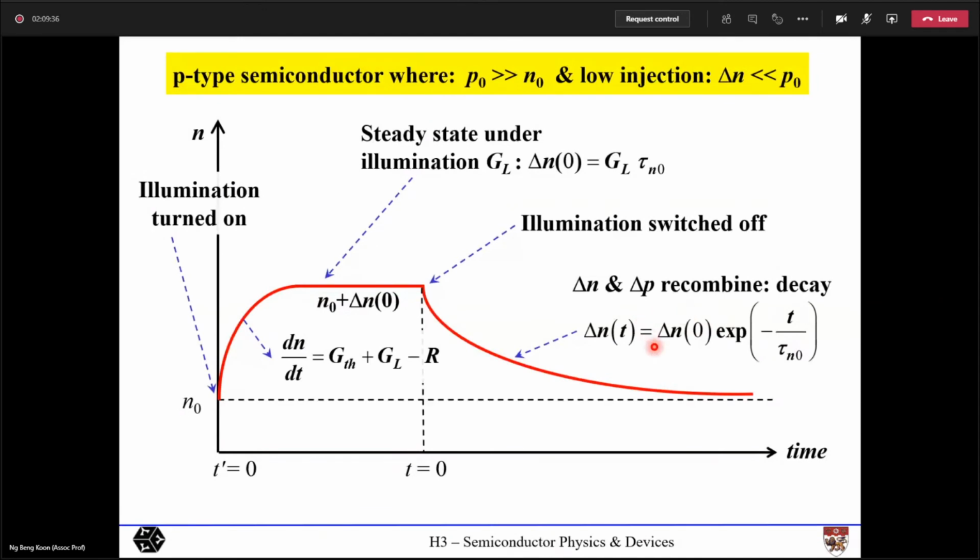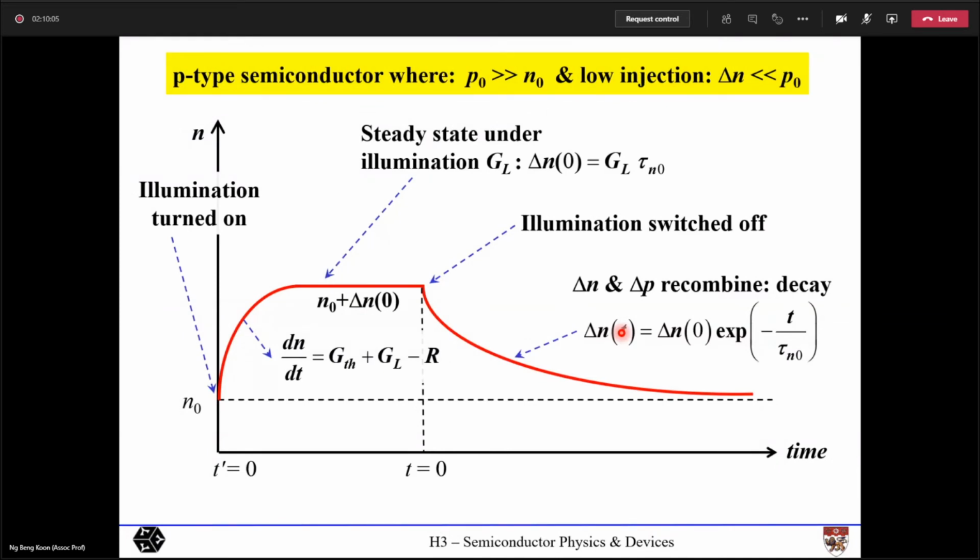It depends also on the magnitude of delta n. If delta n is, for example, 10 to the power of 12, and this exponential term goes to a value that is less than 10 to the power of 12, then the product of it will become a fraction, which means that effectively you can treat it as 0 already, because the number of excess carriers cannot be a fraction. You know what I mean?